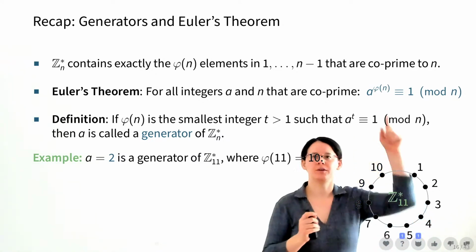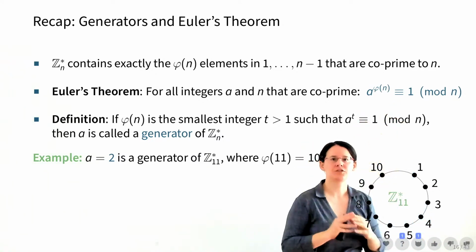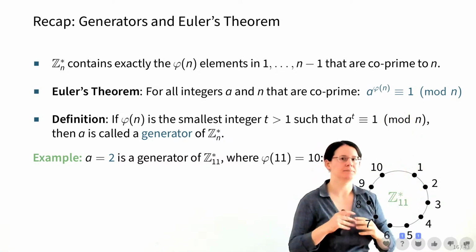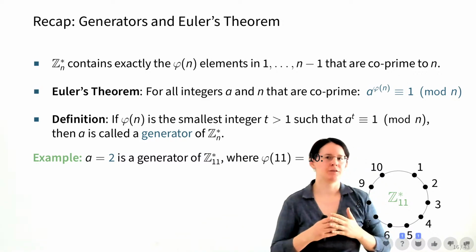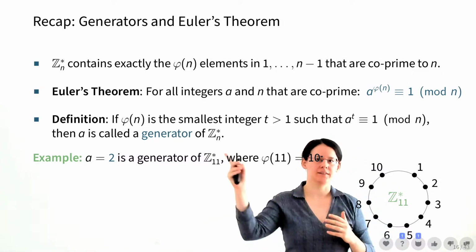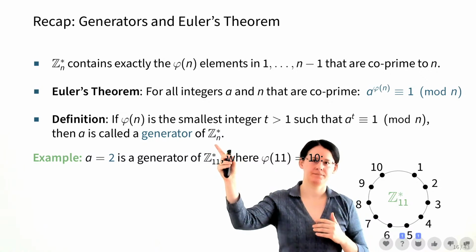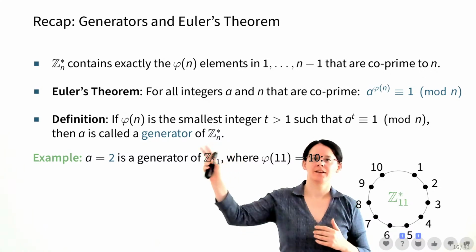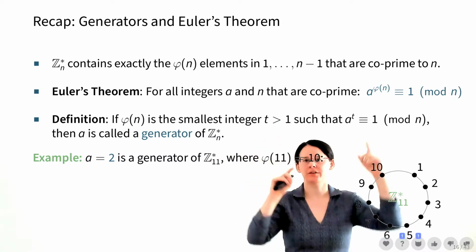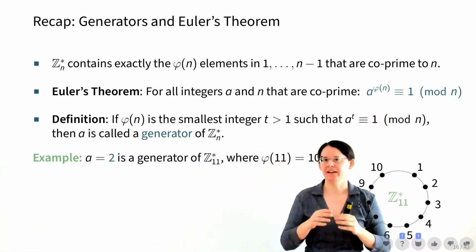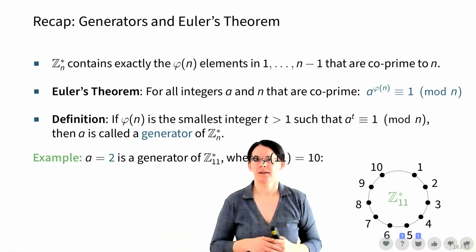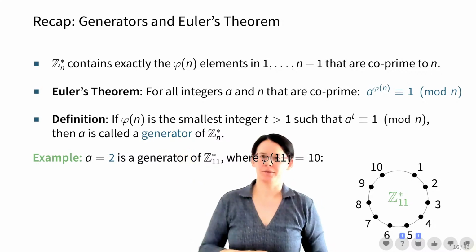This is because when you look at all the powers, they must generate phi of n different values on the way here. And all of these different values are actually all elements in the set Zn. So this means a number which has this property that its order is phi of n can actually generate all other numbers in the set. So that's great, and that's why we call them a generator.